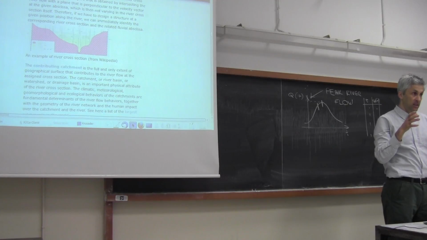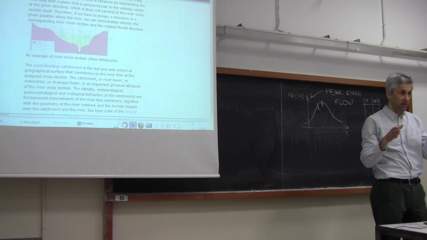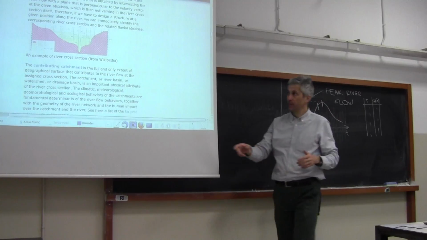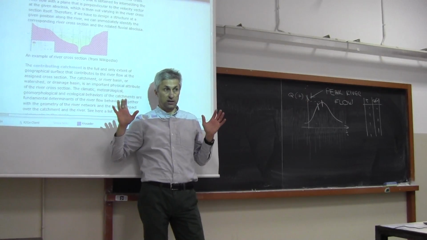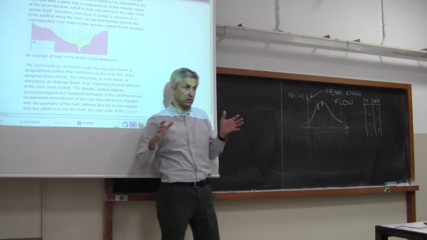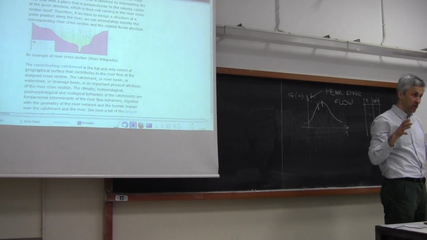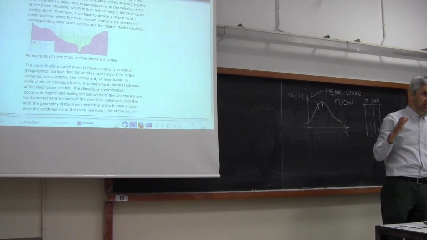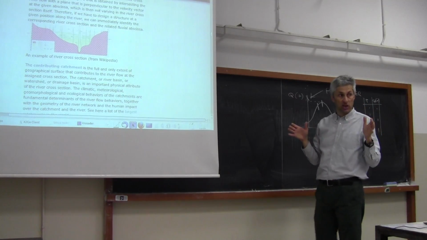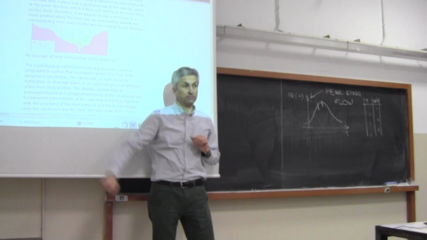If we take the assumption of gradually varying flow, the velocity vector doesn't change in the river cross-section. Again, if we take the assumption of gradually varying flow, which is usually taken in river engineering, not always, but usually it is, the velocity vector doesn't change across the river cross-section.